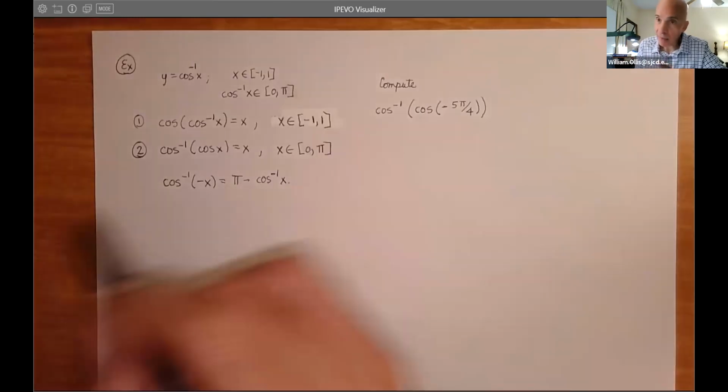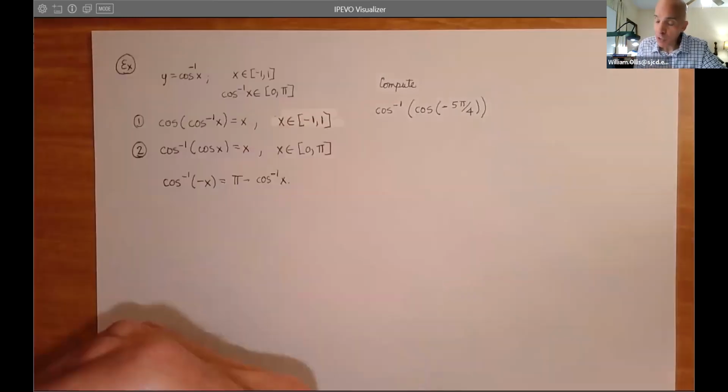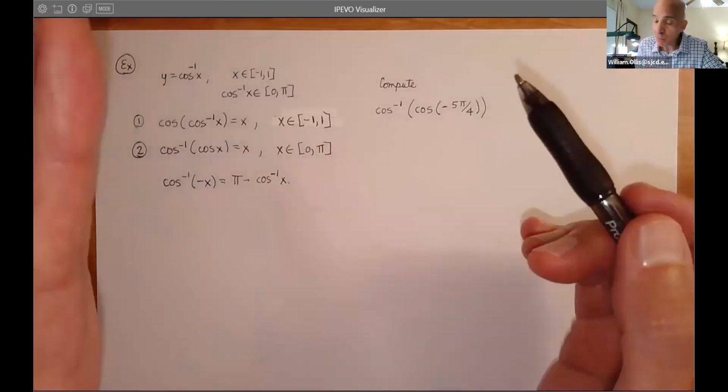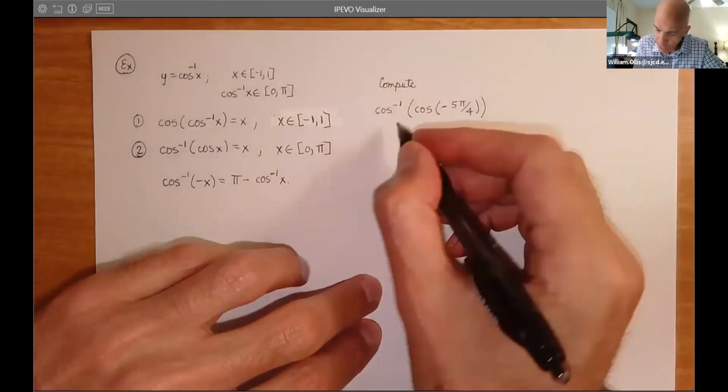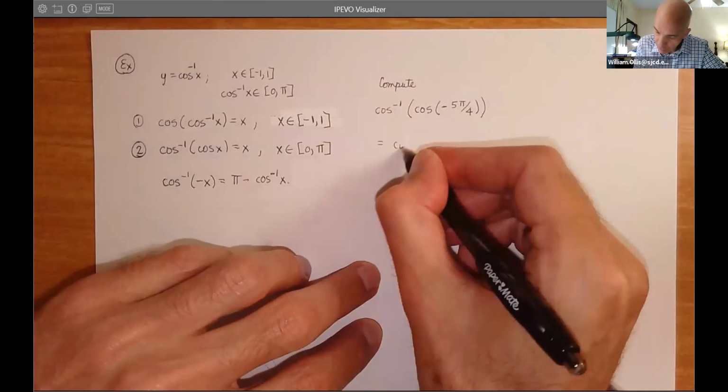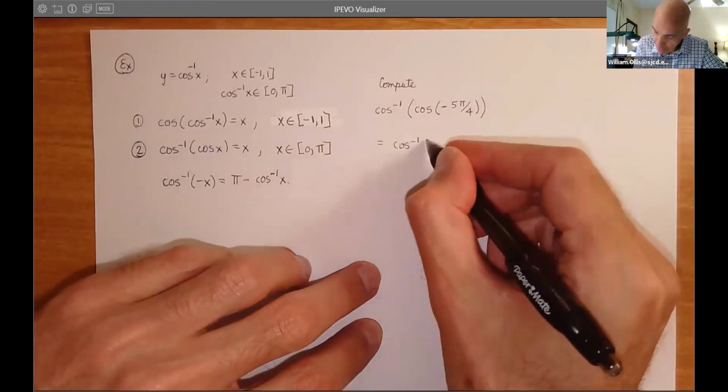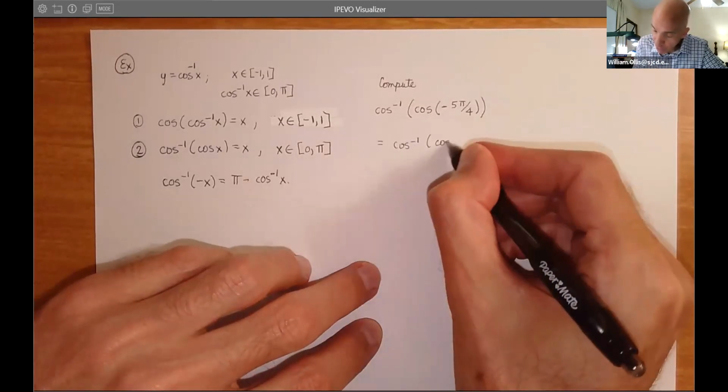So you're like, can't do that. So the first thing we're going to do to make it simple is note that the cosine is an even function, so it absorbs the negative. So let's do the obvious first. So we have cosine of 5 pi over 4.